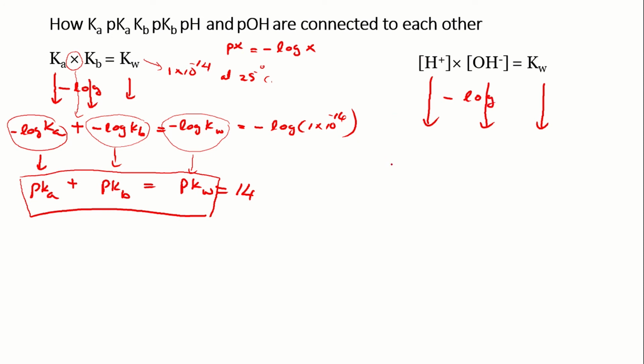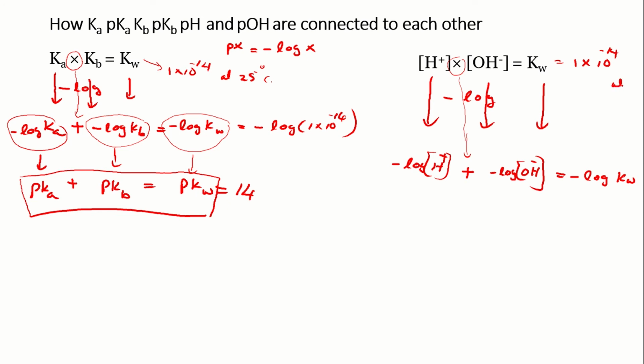Take negative log of H plus concentration, multiply, turn into plus sign, take the negative log of OH minus, negative log of Kw, and this is equal to this number at 25 degrees Celsius.